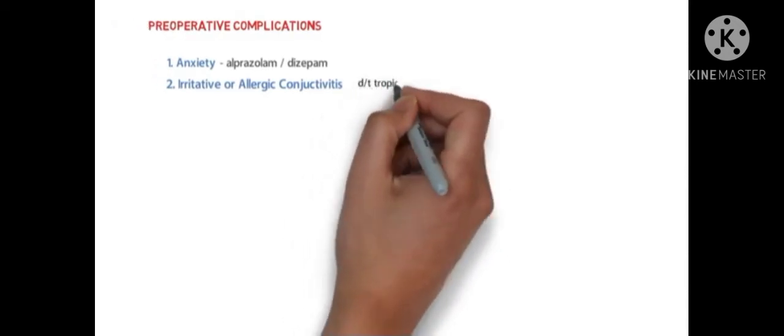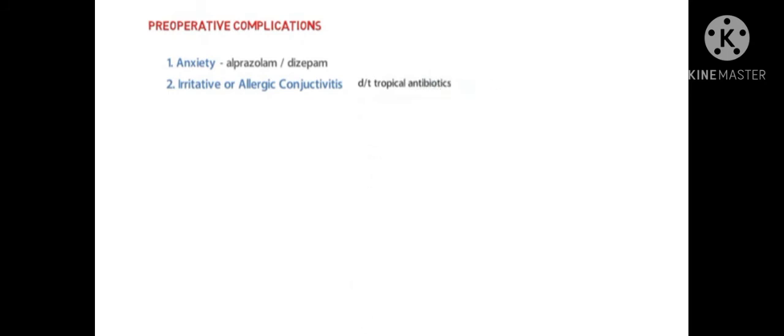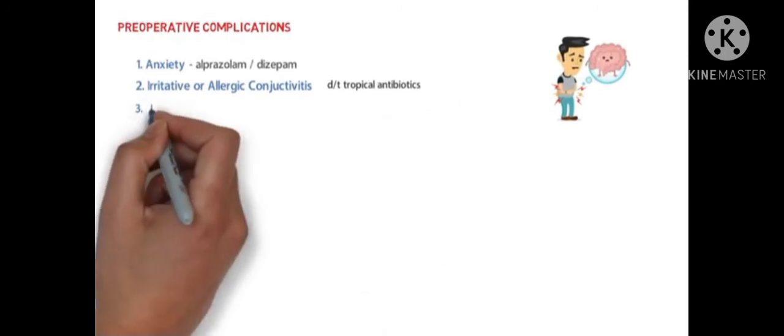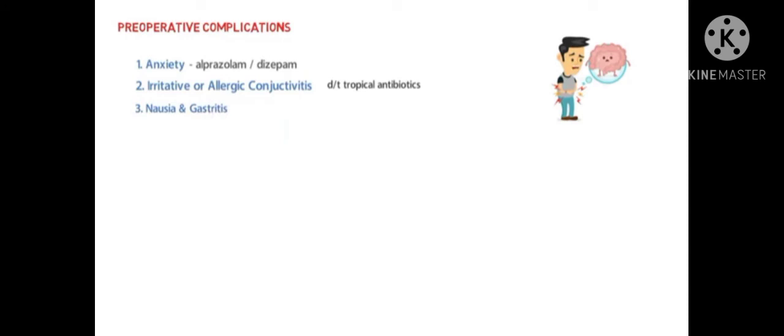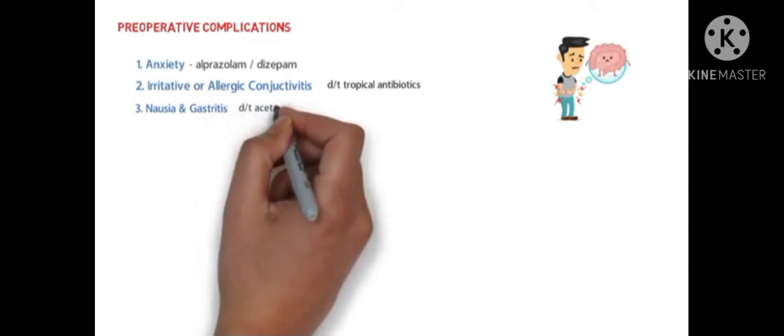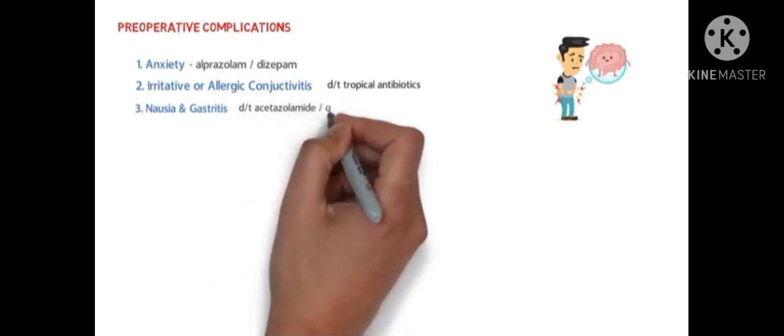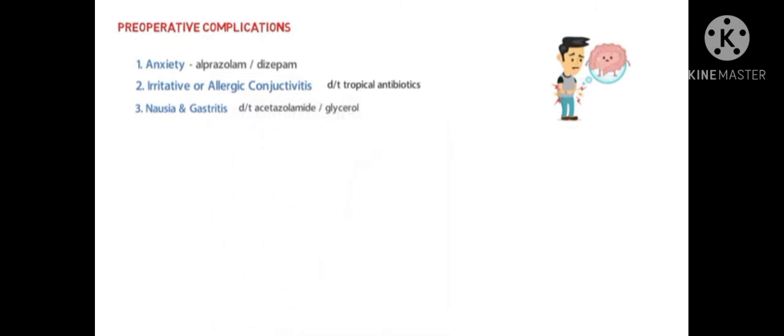It may occur in some patients due to preoperative topical antibiotic drops. Then the third one is nausea and gastritis. Why is there a problem like nausea and gastritis? It is due to preoperative medicines such as acetazolamide, and it can be due to medicines like glycerol. Antacids can usually relieve the symptoms.